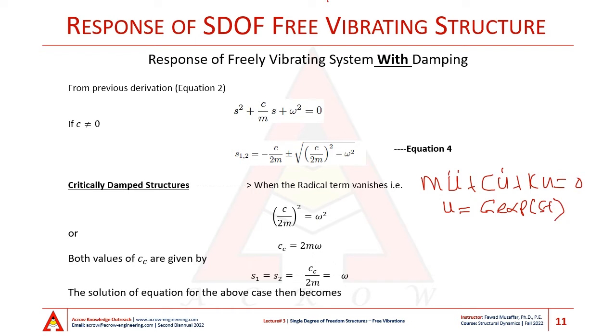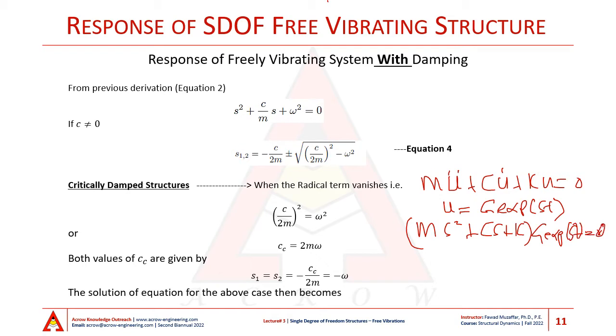t is the time, s and g are constants. If we plug in this value of u into the above equation, we get m s square plus c s plus k into g exponential of st is equal to 0.